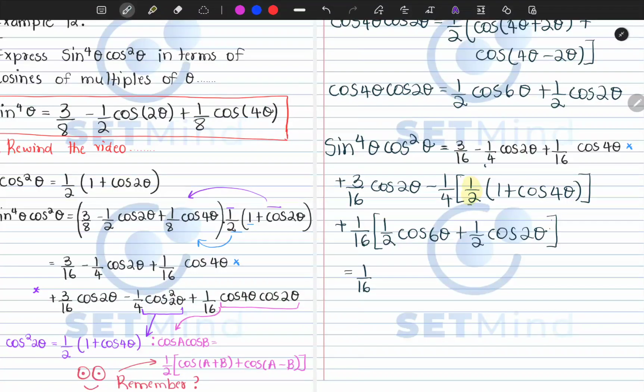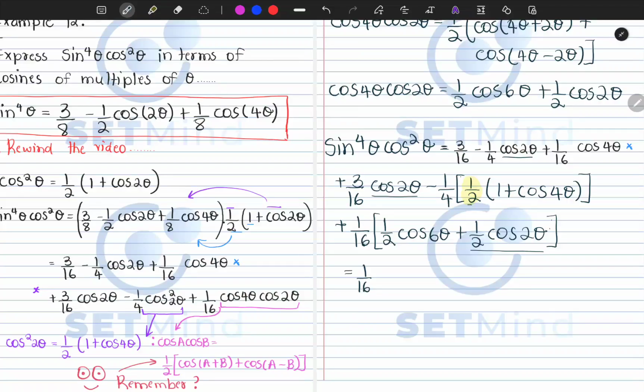And then if we look at the terms which have cos 2 theta, you have 1 over 4, which can be written as 4 over 16, and then plus this one here, which is 3 over 16, and then plus this one here, which is 1 over 32.